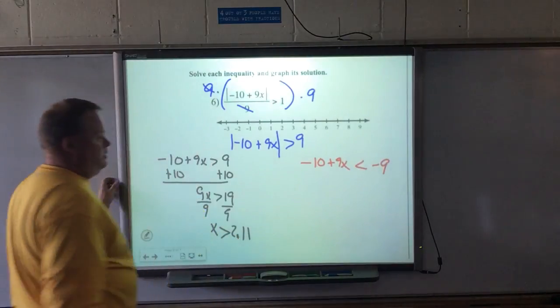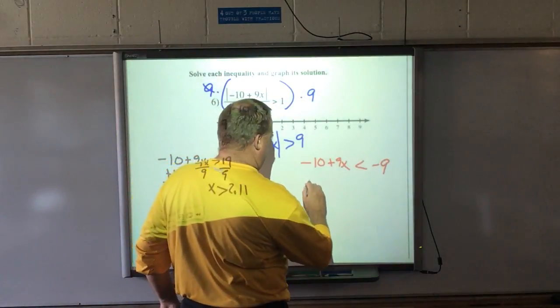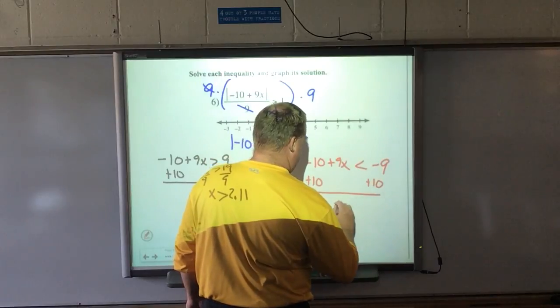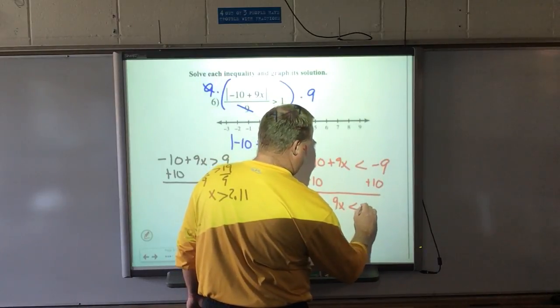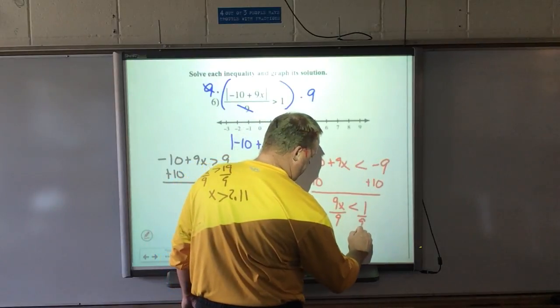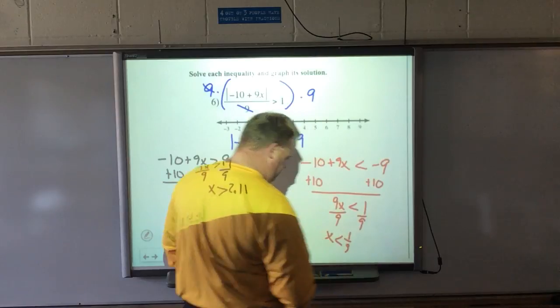2.11. The other one, solving for x, the second one, add 10. Add 10 gives me 9x less than 1. Divide by 9. X is less than 1/9.